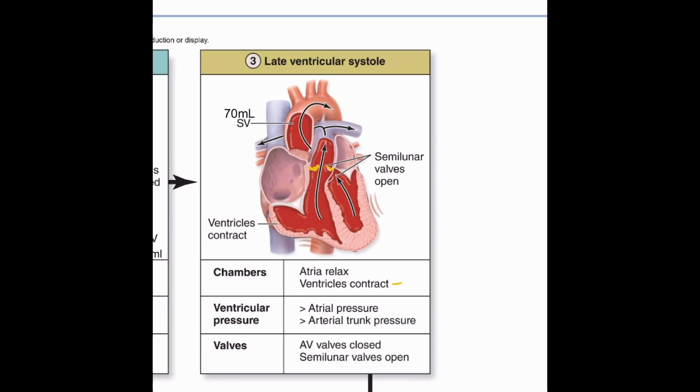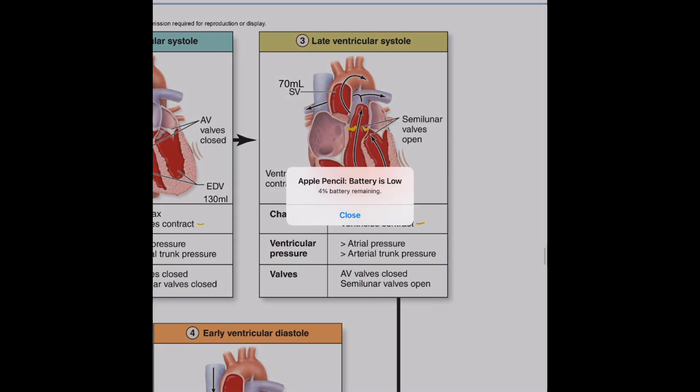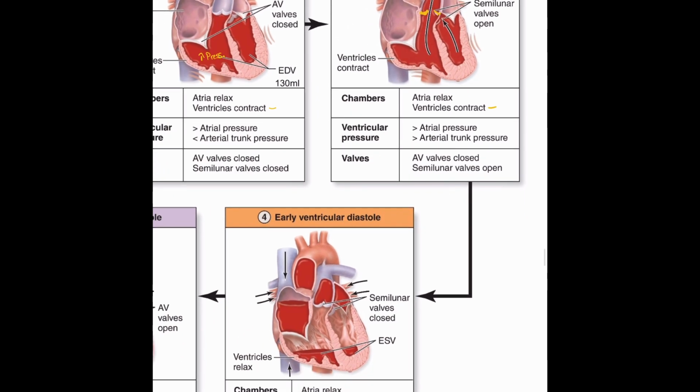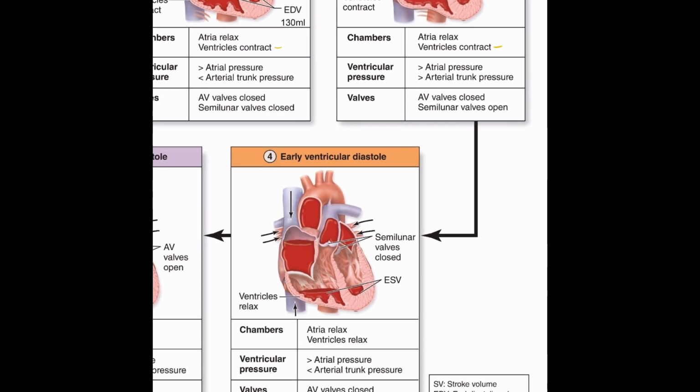So the pressure is higher here, but the atria is relaxing. So in early ventricular systole, we have both valves closed, right? In late ventricular systole, the atria is still relaxed, the ventricles are contracting, right?